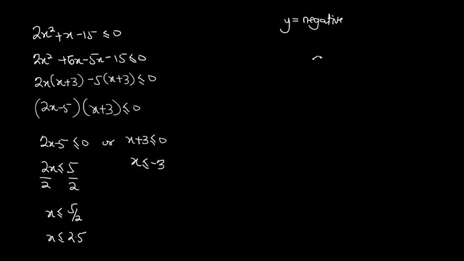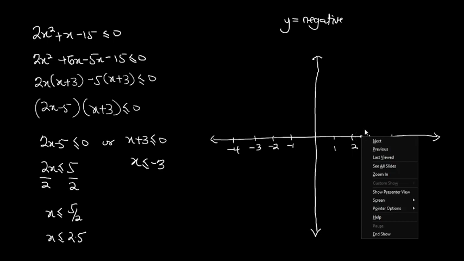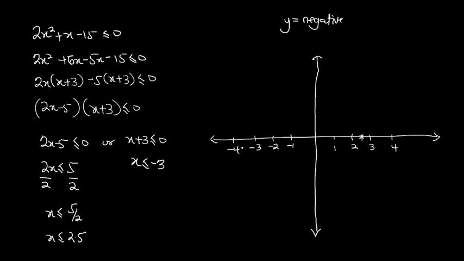Okay, so let's go ahead and draw our graph to see where our answer will be. So I have here negative 1, negative 2, negative 3, negative 4. I have here 1, 2, 3, 4. So I have positive 2.5, so something around here, somewhere here. Then I have negative 3 over here. So my graph will pass through negative 3 all the way down, and then 2.5 all the way here.